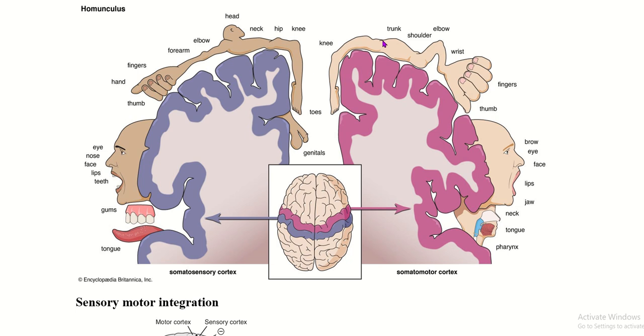Here also the body is represented upside down, and you see most parts of the body are controlled by a small area of the brain, but for hand, face, larynx, tongue, pharynx, this area is covered by a large surface area of the brain.